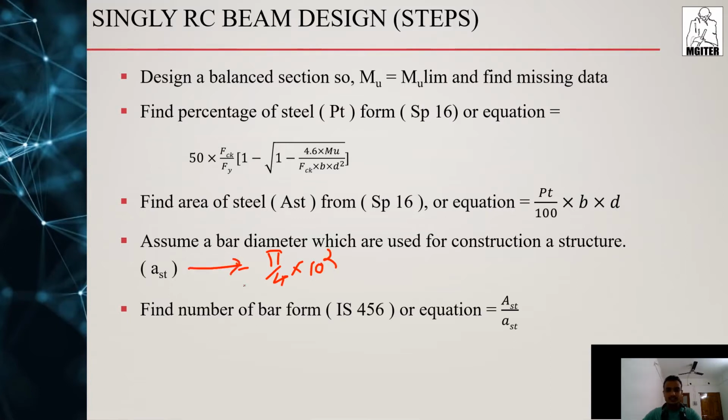If I assume a 12 mm diameter, it is pi by 4 into 12 whole square. Okay, these are the small ast. And to find the number of bars, we divide capital Ast by small ast. Capital Ast means the area of steel which is required, and small ast is the area of one bar. By this equation we get the number of bars.